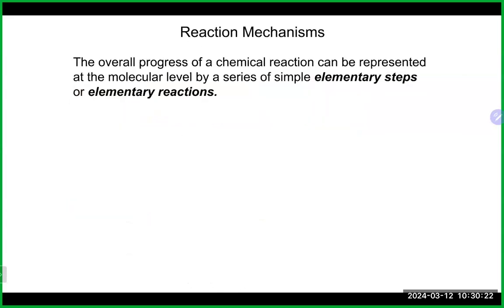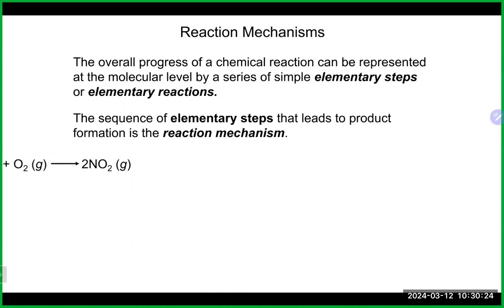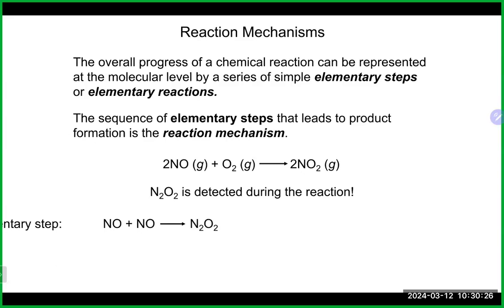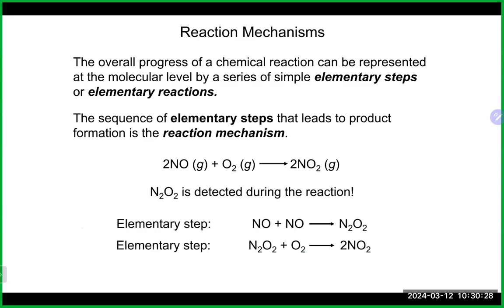So when we talk about reaction mechanisms, that is what we're looking at. We're looking at a process where we could try to describe how this reaction is basically taking place. And the overall reaction is a combination of what are sometimes referred to as elementary steps or elementary reactions. These are the individual reactions that get added together to give us the overall reaction that's happening.